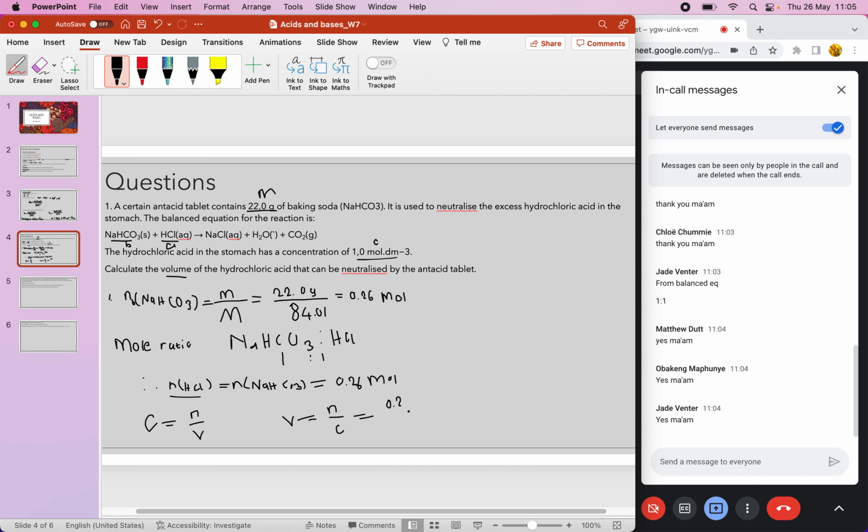The number of moles of hydrochloric acid is 0.26, divided by 1.01 mole per dm cubed, and we'll get our volume to be 0.26 dm cubed, and that's the volume of hydrochloric acid. Any questions so far, guys?